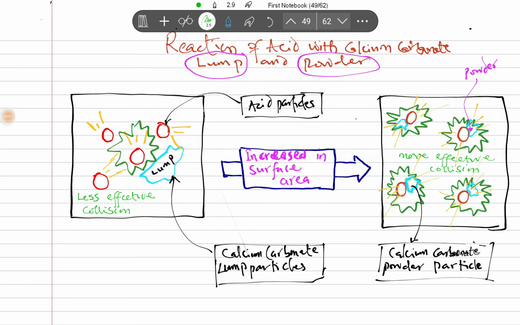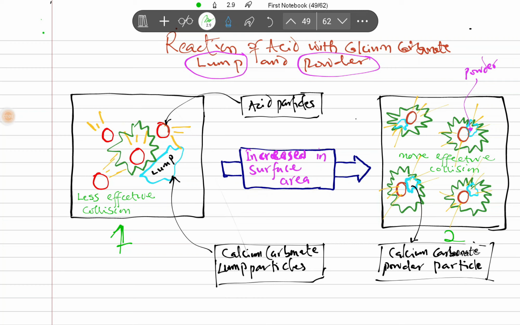In answering the question, we look at the reaction of acid with calcium carbonate lump and calcium carbonate powder. The diagram in the first box represents the reaction of acid with calcium carbonate lump. The second box represents the reaction of acid with calcium carbonate powder.